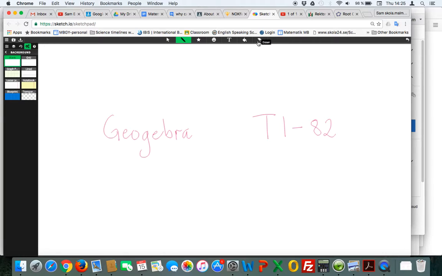So let's go first with GeoGebra, and we might be asked to solve the following.